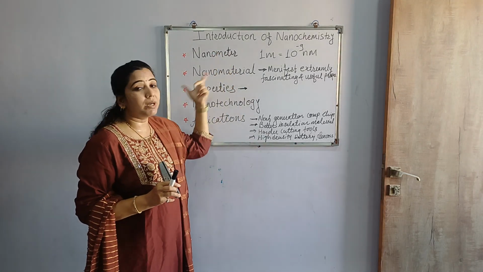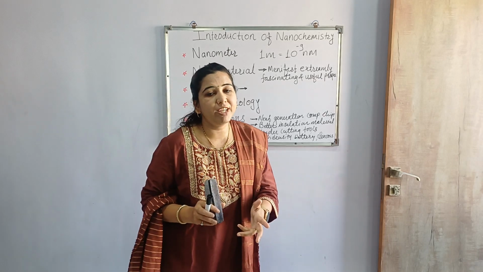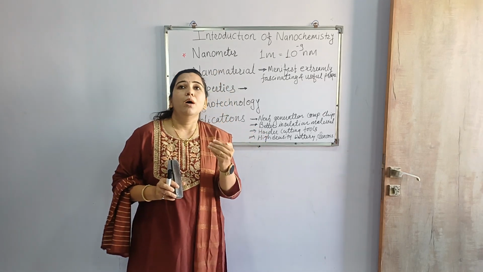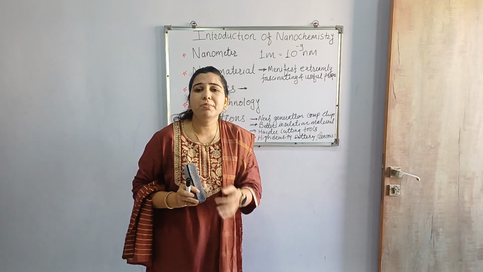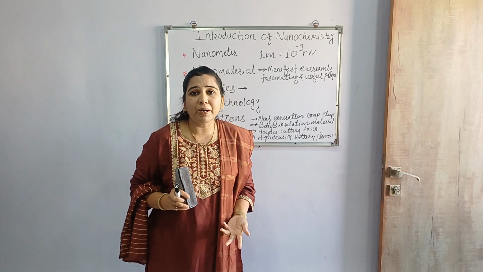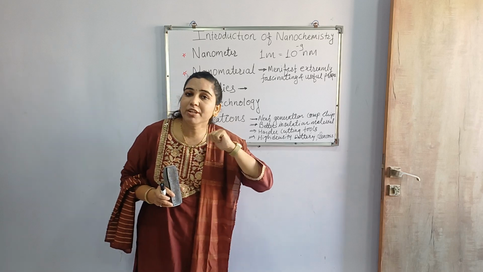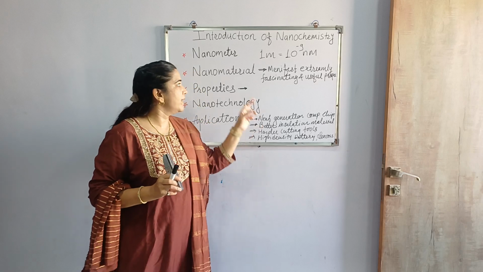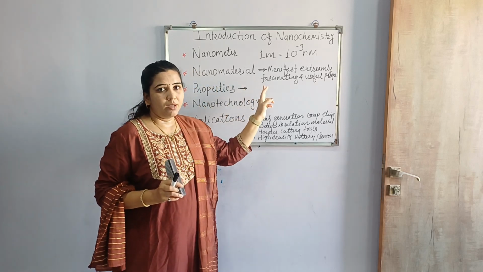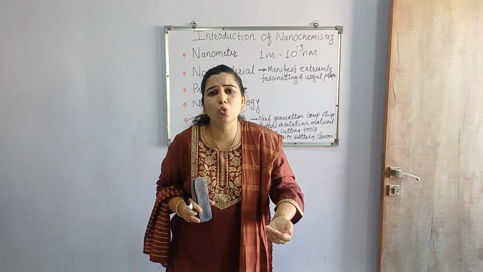Second is nanomaterial. The particles, as I just gave in the example, may be metallic particles, ceramic particles, or inorganic crystalline particles that are in the nanometer scale and have different properties. These are called nanomaterials. Why are we studying a material on that very low scale?